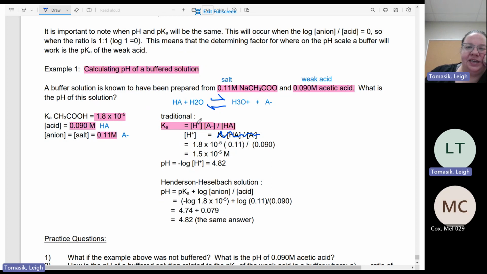Okay, if we're trying to isolate H plus, let's do a little math over here. I'll get my pen out, and we can talk about the mistake that I made.